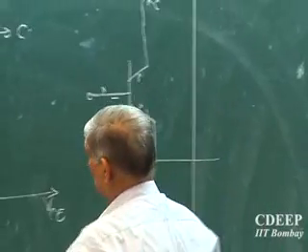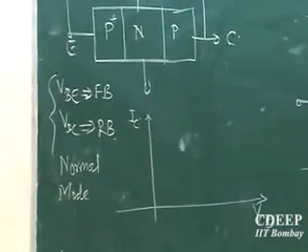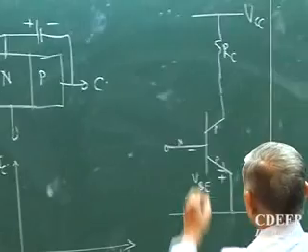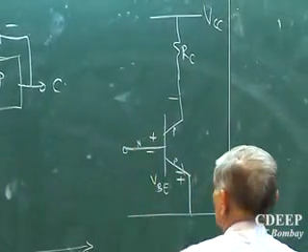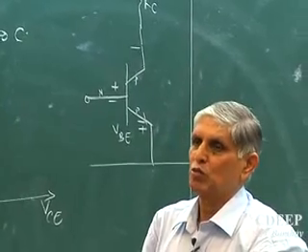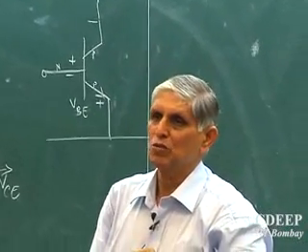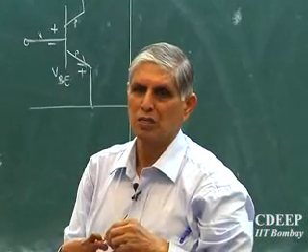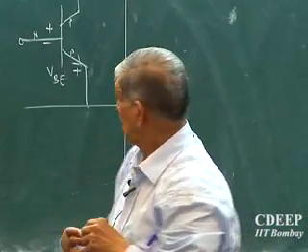I reverse bias the base collector junction. This is P, so I must have negative here and positive here. So VBC is negative, reverse bias, and VBE is forward bias.